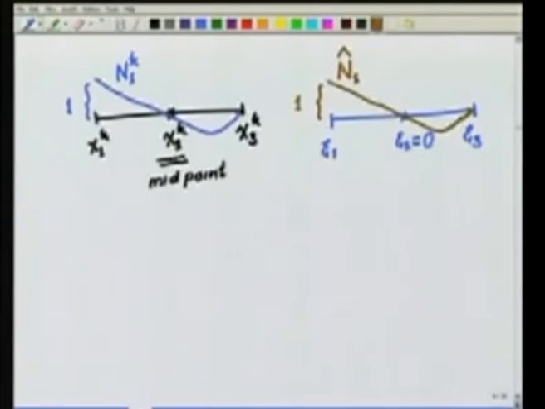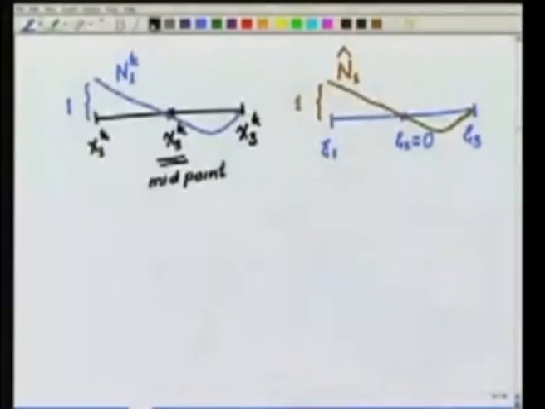Now, since this N1 hat is a polynomial of the same order as N1k and so on, can we define these shape functions in the master element? So, shape functions defined in the master element.